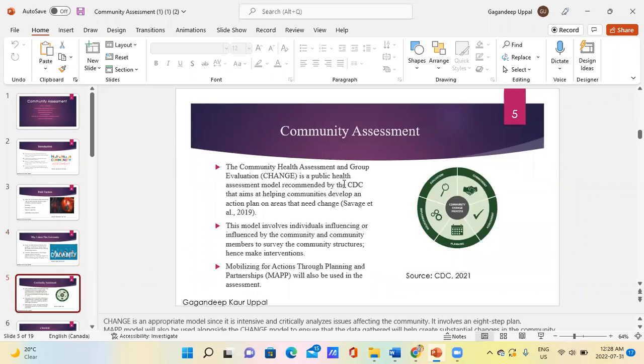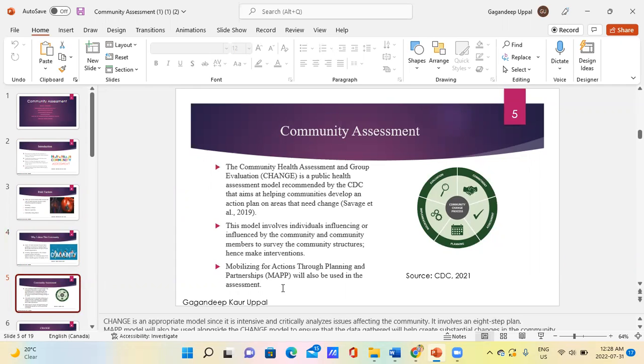Next is community assessment. So there are two models used, CHANGE and MAP model. The Community Health Assessment and Group Evaluation is a public health assessment model recommended by the CDC that aims at helping communities develop an action plan on areas that need change. This model involves individuals influencing or influenced by the community and community members to survey the community structures, hence make interventions.